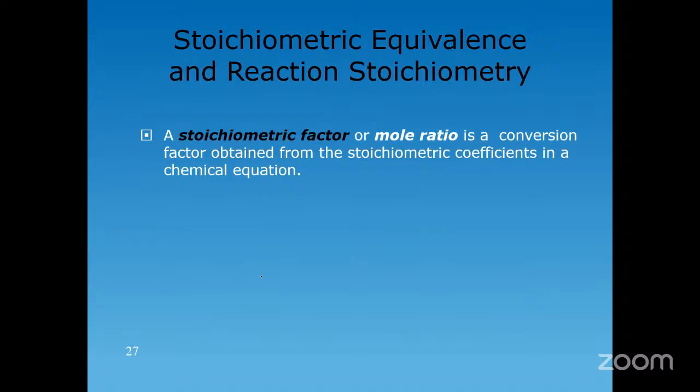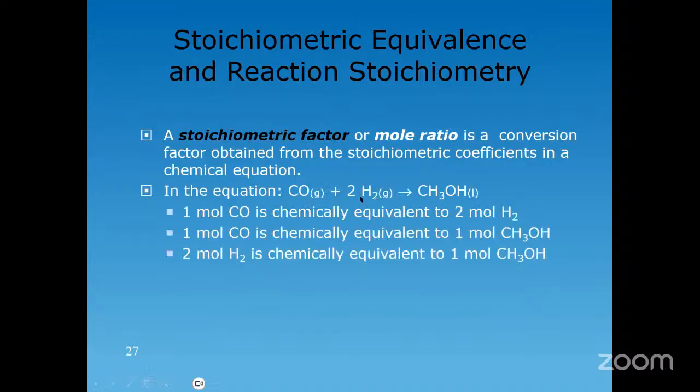So the mole ratio is a ratio of the coefficients of the two substances involved in a chemical reaction. It's also called the stoichiometric factor, which is a term that I don't really use that much.